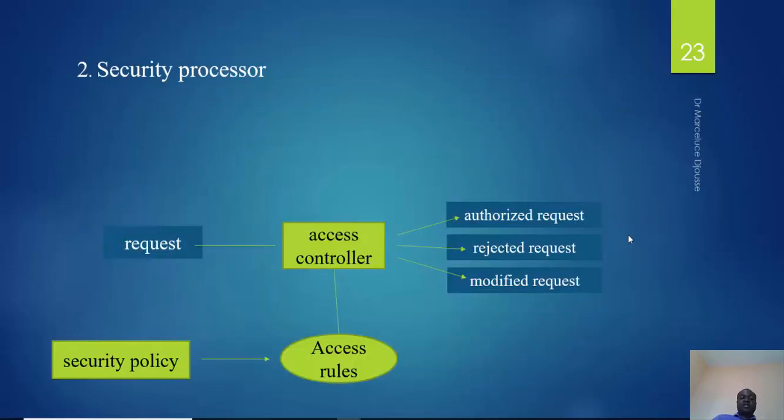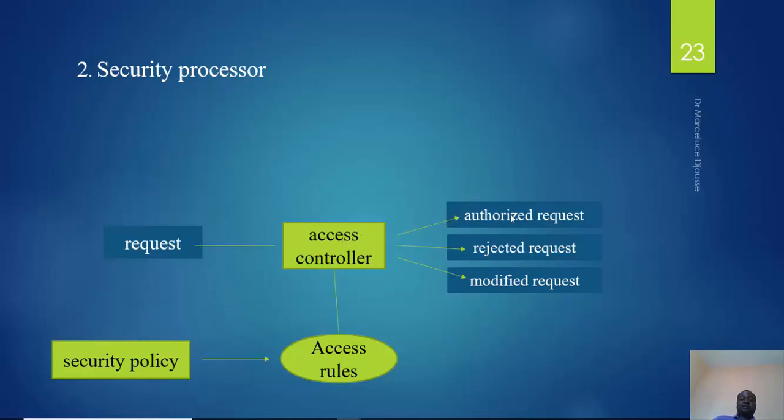Now, this is the security process where you come to understand database security. We have the security policy, we have the access rule, and we have the access controller, and the access controller is attached to requests.